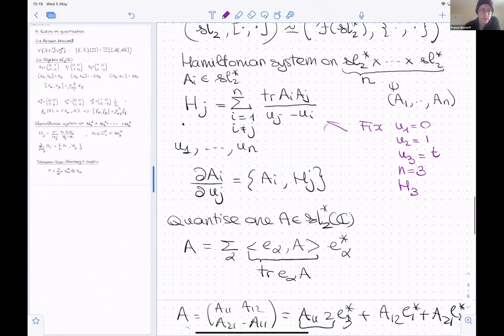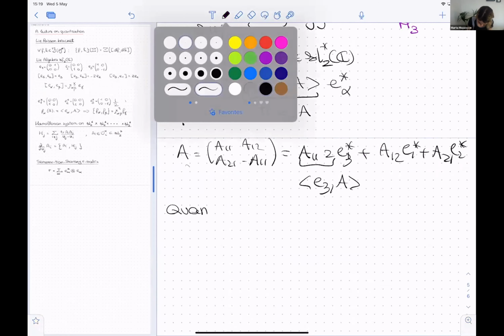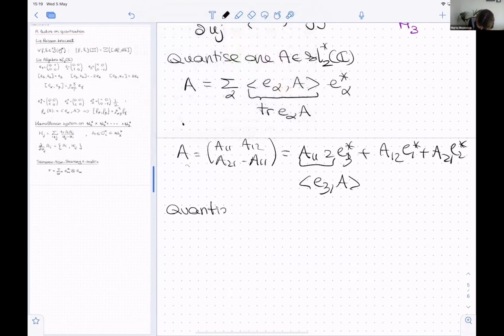There are reasons why I consider this system, but they're not part of this lecture. Okay, quantization means that we want to go from functions to operators, okay?